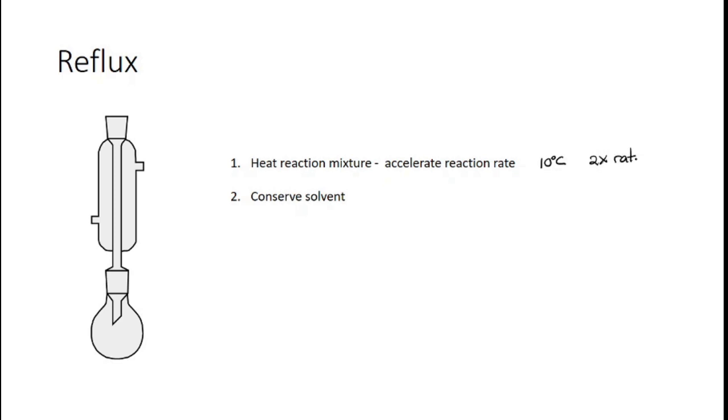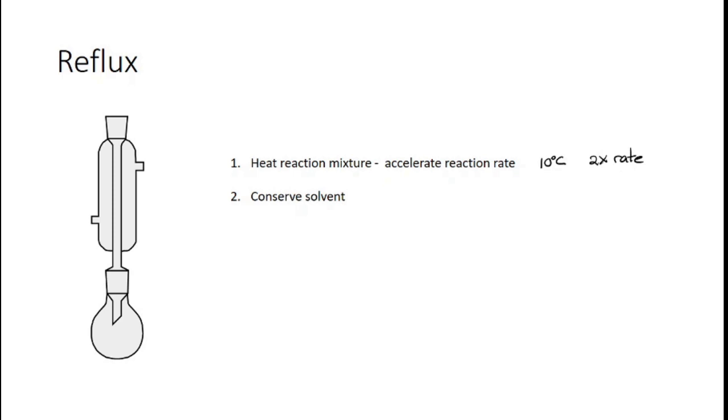The rate is increased twofold. So we could take a reaction that occurs in maybe, say, 8 hours at room temperature. If we do that reaction in, say, refluxing methanol, we're raising the temperature 40 degrees, so we get 4 doublings, and so the reaction will occur in just a half hour.